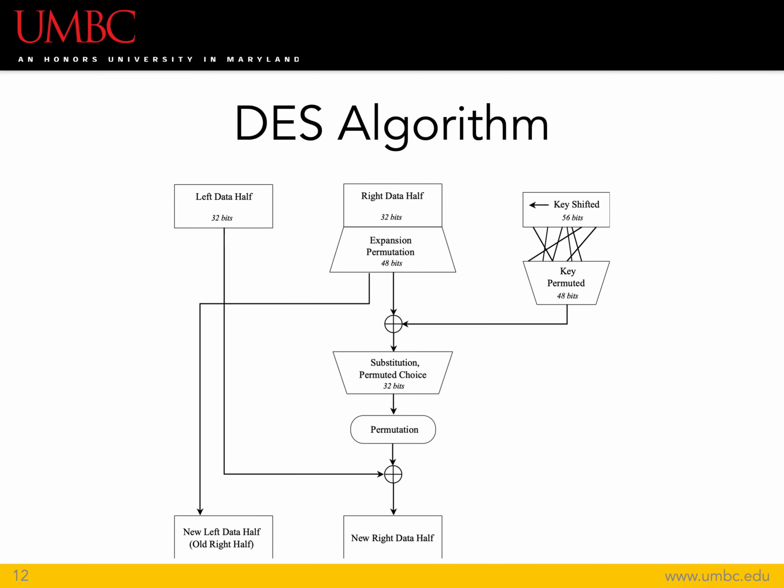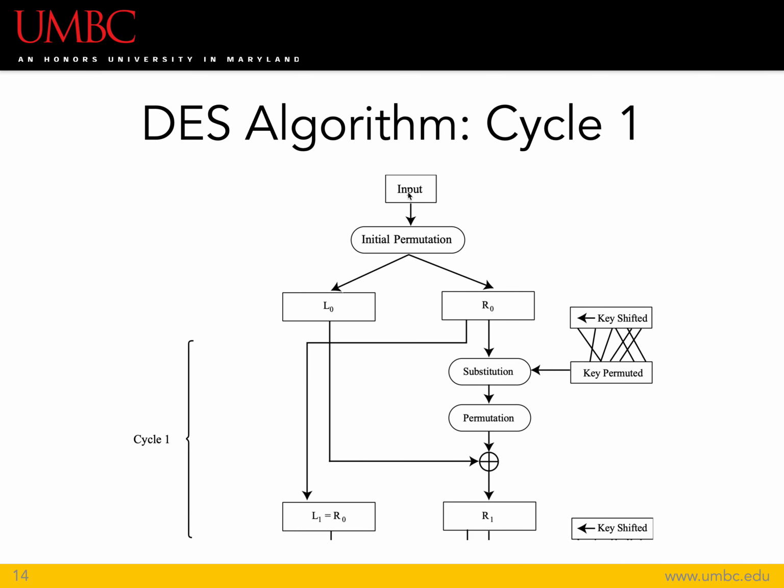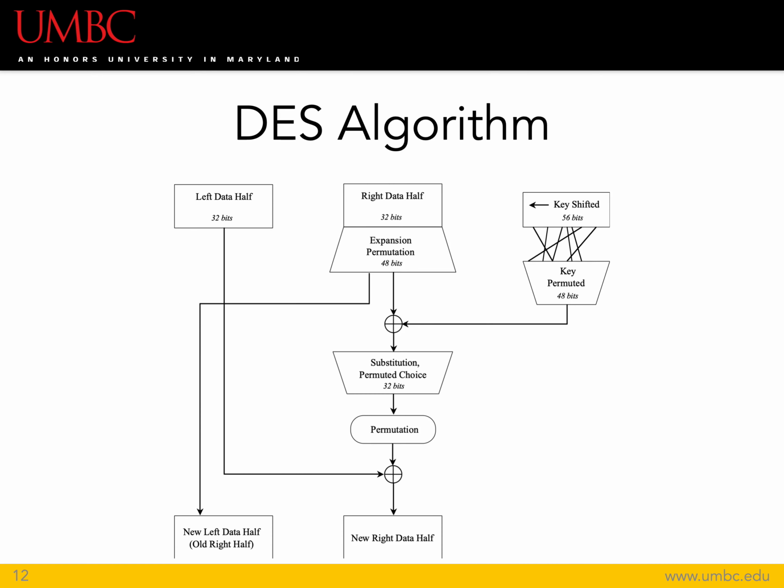Okay, so let's look at the first cycle. So you have that initial input, whatever the message chunk is, because this is a block cipher. You take the complete message and break it up into different blocks. And in DES, we're talking about 64-bit blocks. So there will be two halves in that one 64-bit block.